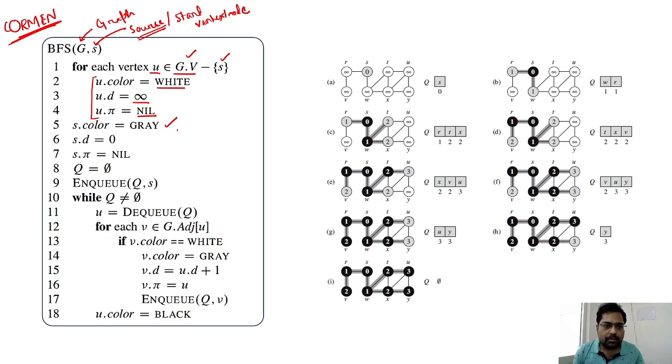Next, once we pick the first one, s.color, we started the vertex as s, so that color is converted to gray. And the distance, since we started from that, is 0, and the predecessor is not yet decided, so we pick that as nil.